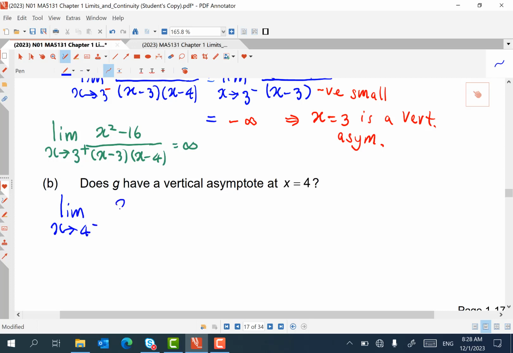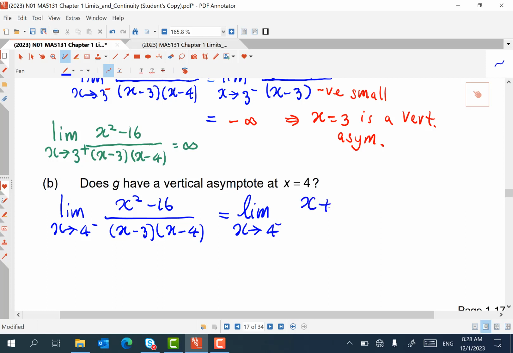Your g(x) is (x squared minus 16) over (x minus 3)(x minus 4). This gives me the limit as x goes towards 4 minus, on the numerator I'm left with x plus 4 over x minus 3, so that when x approaches 4, this is it.